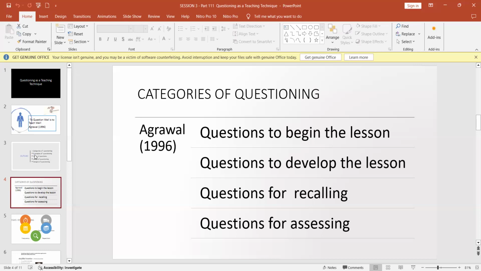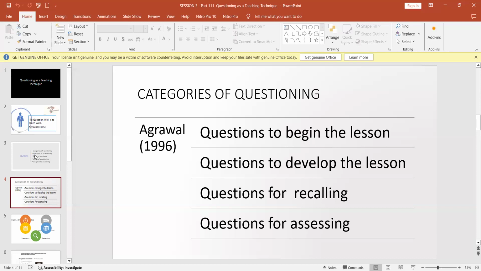For all these purposes, you can ask questions at the outset of the lesson, to begin the lesson. And according to Agrawal, one of the categories is questions to begin the lesson, and it serves different purposes. We discussed that.